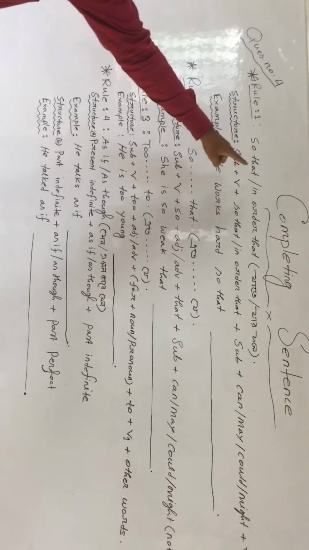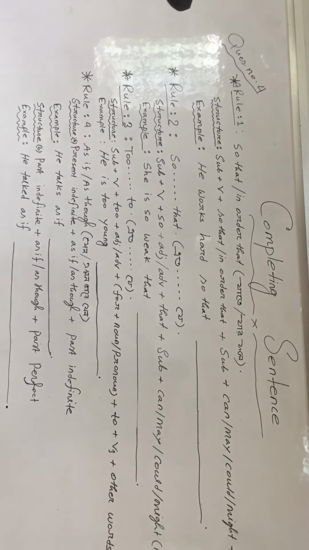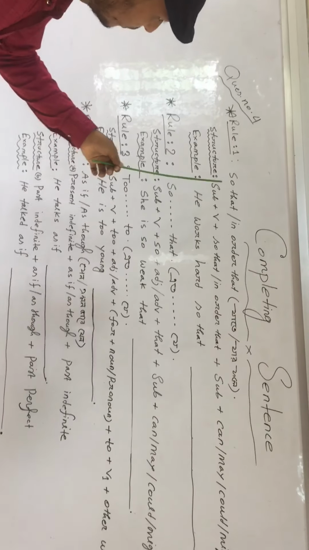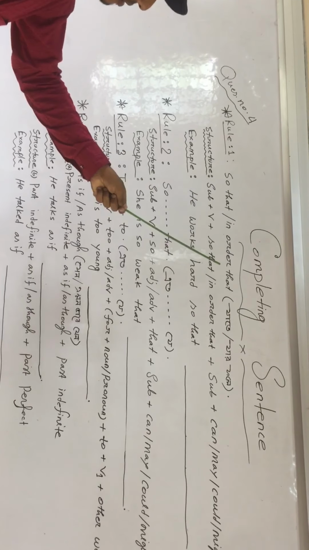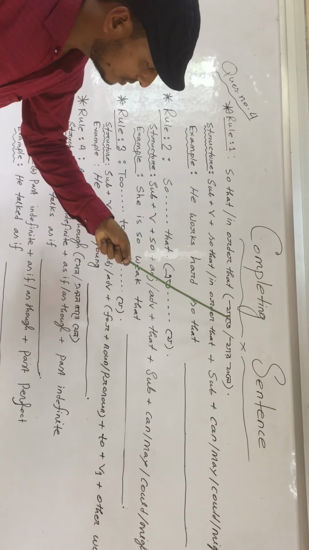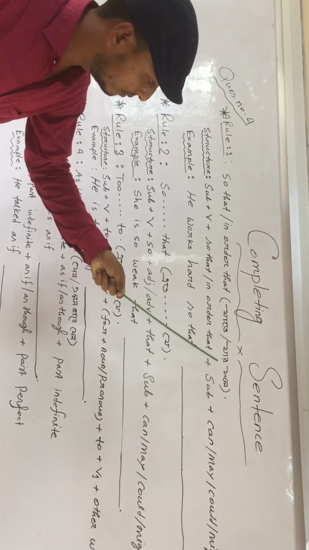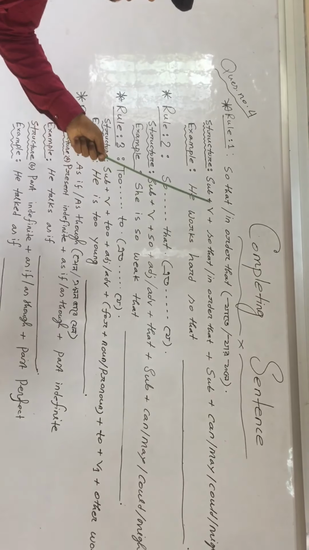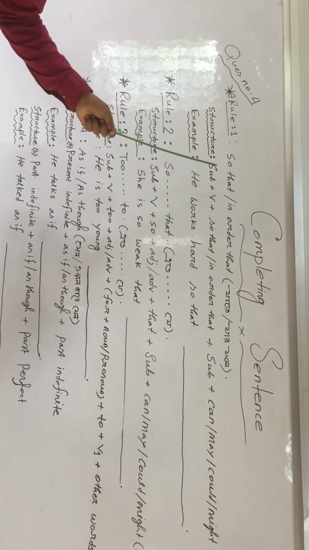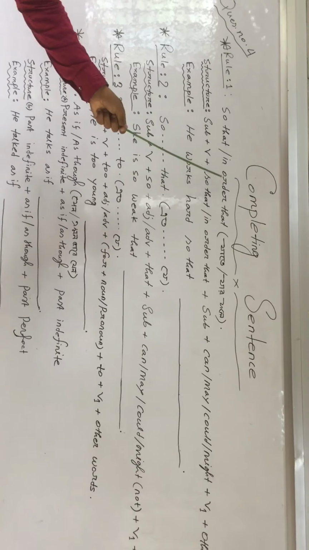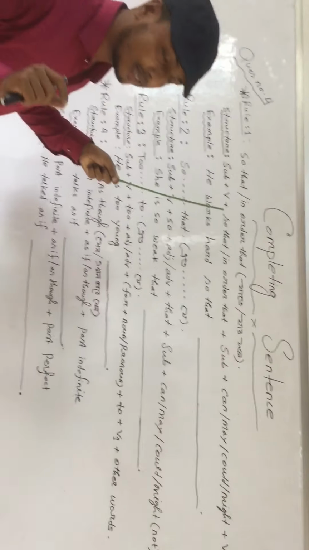So that. My dear students, you know, so that or in order that, its Bengali meaning is "jate" or "jar fole". You have to know the structure of that rule, so that or in order that. It's a complex sentence.